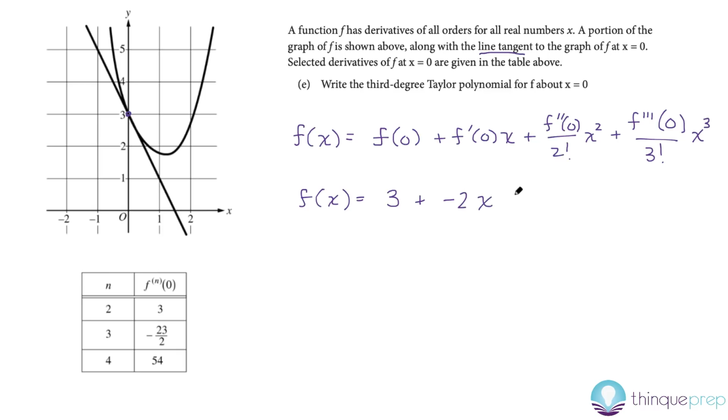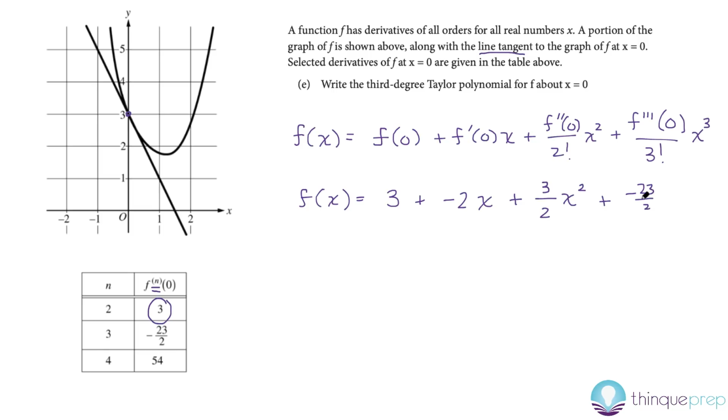f double prime of 0, we're just going to pick from this table over here. This is just a fancy notation saying the nth derivative, so second derivative, third derivative, fourth derivative, etc. So then we can write that as 3 over 2 factorial, which is just 2, x squared, and then f triple prime of 0 is negative 23 over 2.